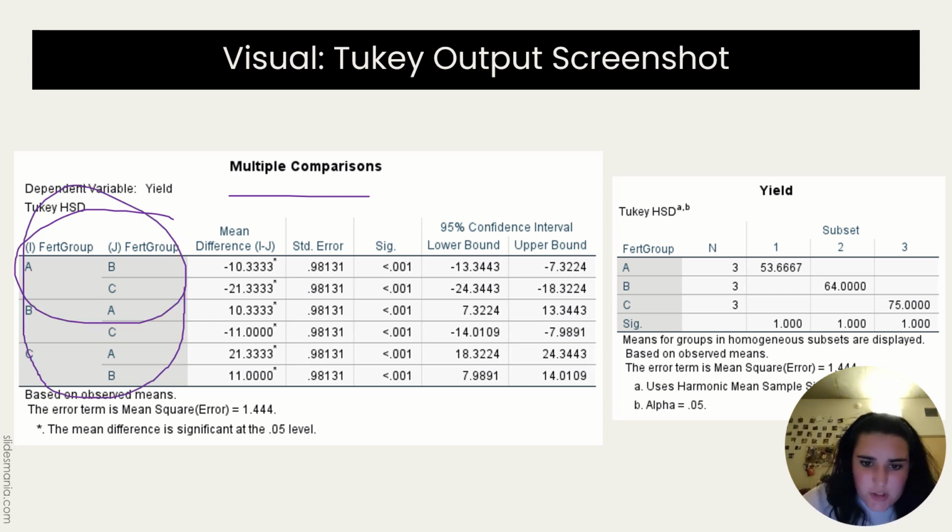The p-value for each comparison, which is going to be our Sig. And then the mean difference and confidence intervals, which here is that mean difference, and there's those confidence intervals.